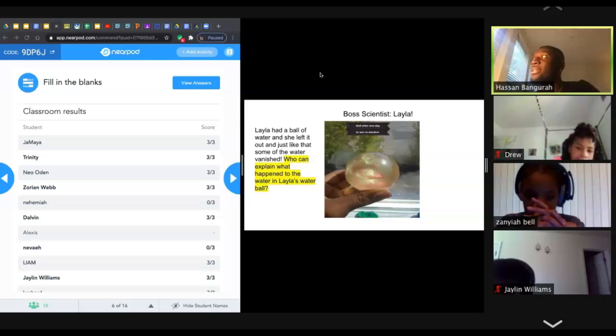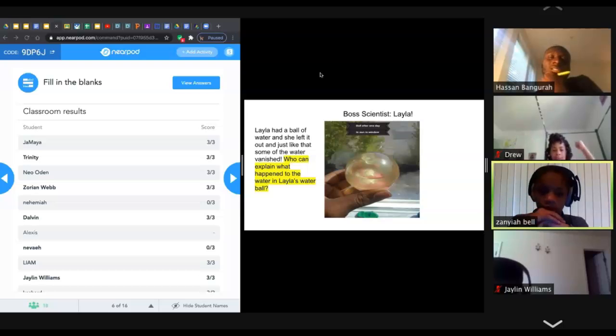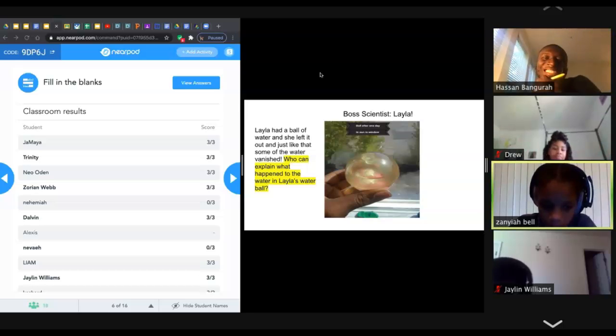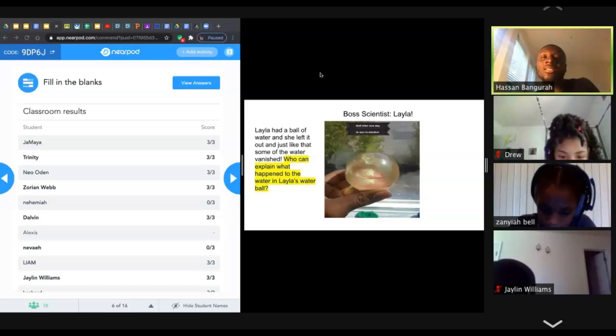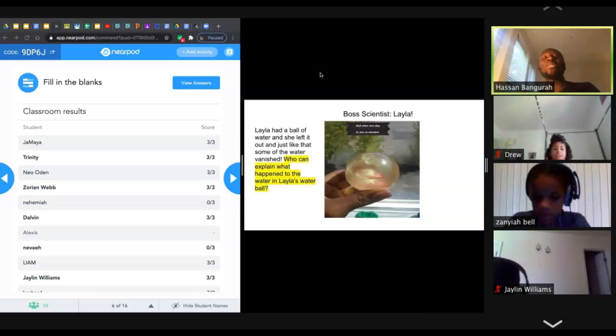And then Destin said that we get our heat from the sun. So do you think you could put it all together on what happened to Layla's water? It what's called evaporated and it turned into a gas. Because of what? How did it turn to a gas? If it was left outside, where did it get its heat from? From the sun. Yes. So it evaporated because of the heat from the sun. Nice job, Zanaya, tying it all together.